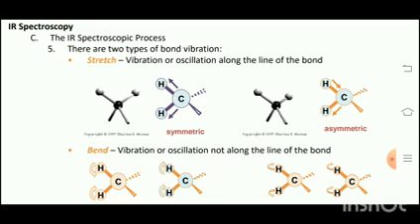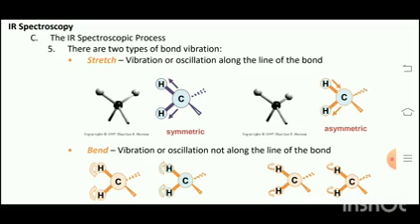In symmetric stretching, both the atoms attached to the carbon go far from the center atom at the same time, and after a moment both the atoms come near to the center atom at the same time. This kind of stretching is called symmetrical stretching.